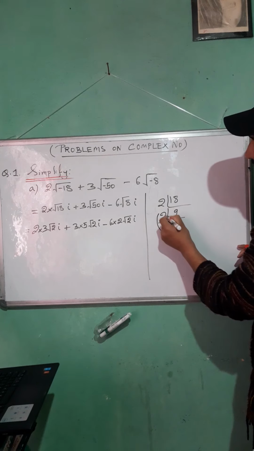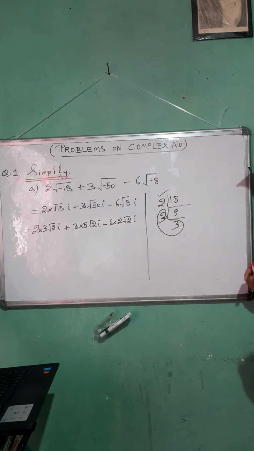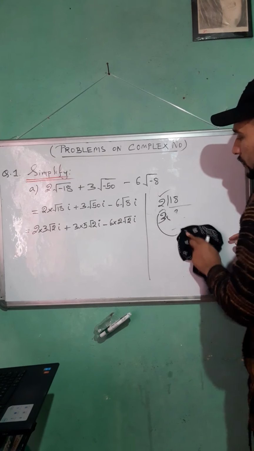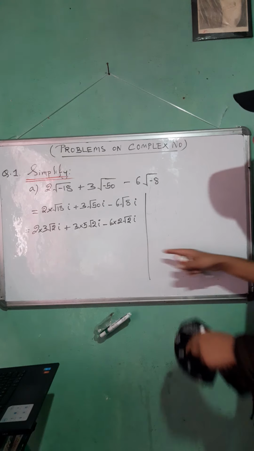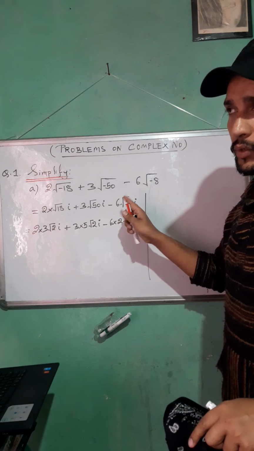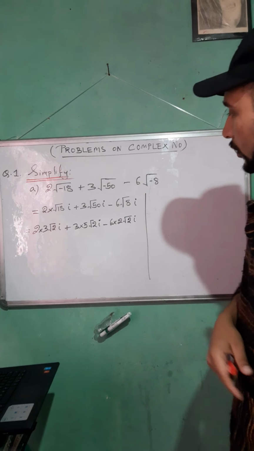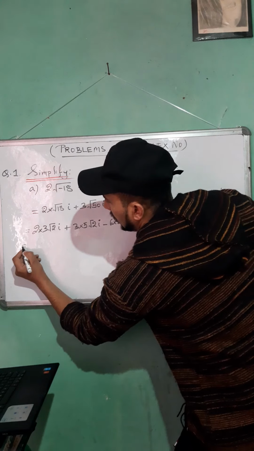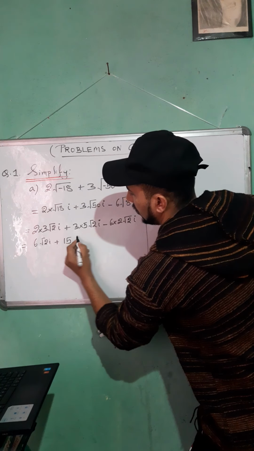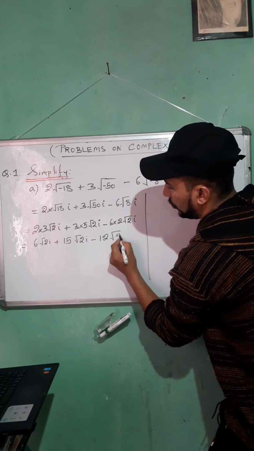So out of these 3s, 1 comes out of the root and 2 remains within the root. You have done these things in junior classes. Similarly, 50 means 2 into 5 into 5, so out of those two 5s, 1 comes out, and within the root you are left with 2. So 2 3s are 6 root 2i, plus 3 5s are 15 root 2i, minus 6 2s are 12 root 2i.